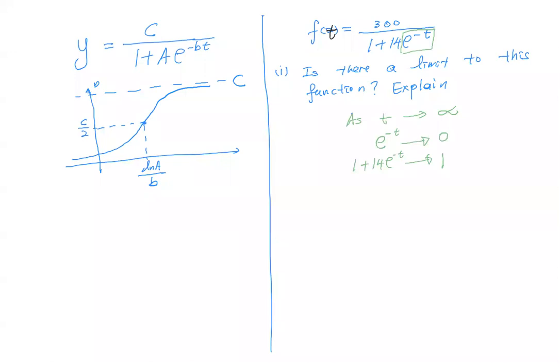So what happens to my f(t), which is 300 over 1? It will approach 300 over 1, which is 300. So this is your upper limit.